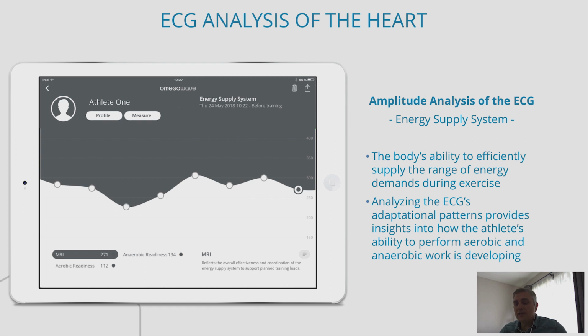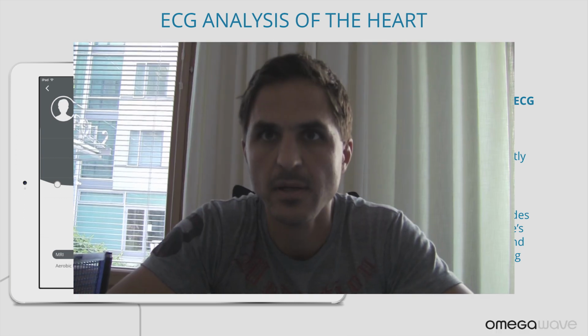And we found that activation of the anaerobic system in response to training and adaptation to training more likely leads to an increase of resources spent for training and recovery, and over time a decrease in performance.